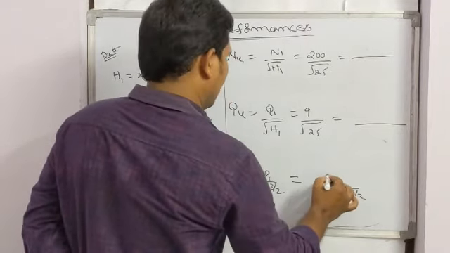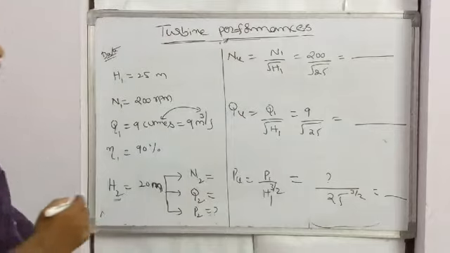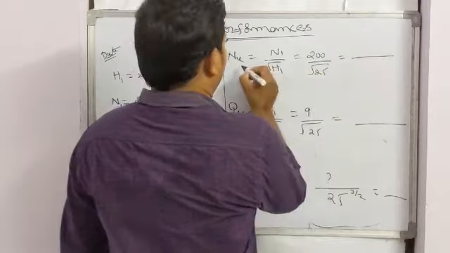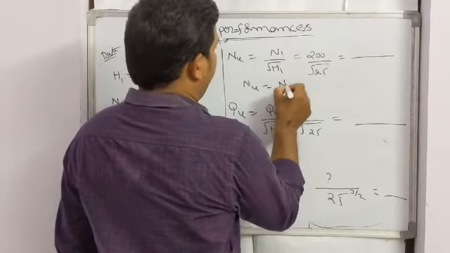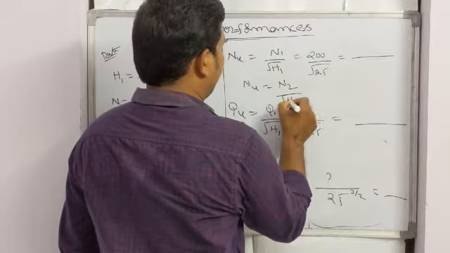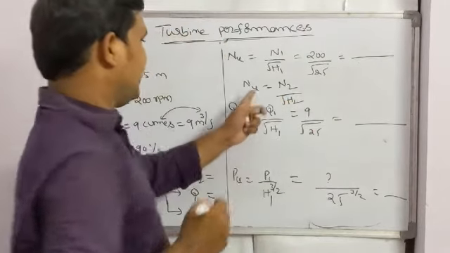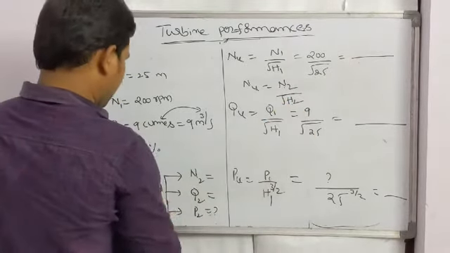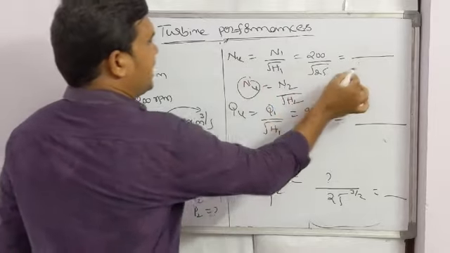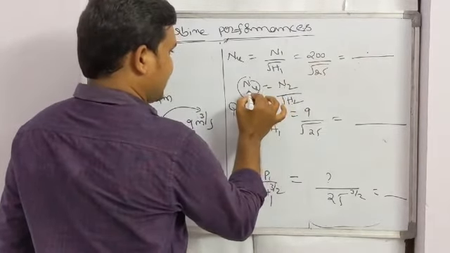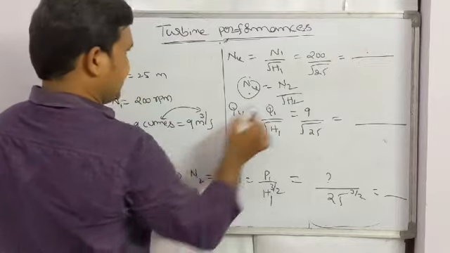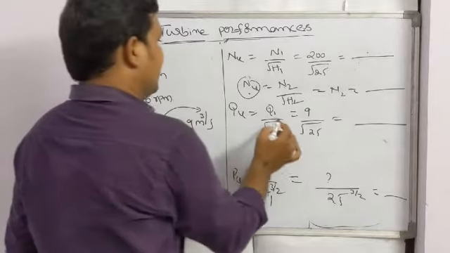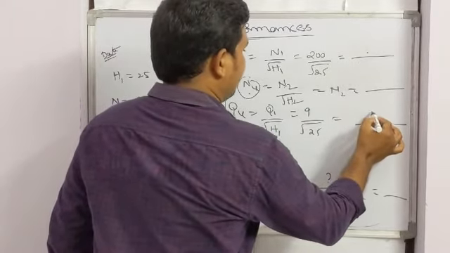For the head available as 25 meter, the power developed we don't know. So first we find out unit speed, and using this unit speed NU equals N2 by root over H2. N2 we have to find out. NU we already calculated, use this NU here, then H2 is 20 meter, then we can calculate N2. Then Q, we may get some X value.